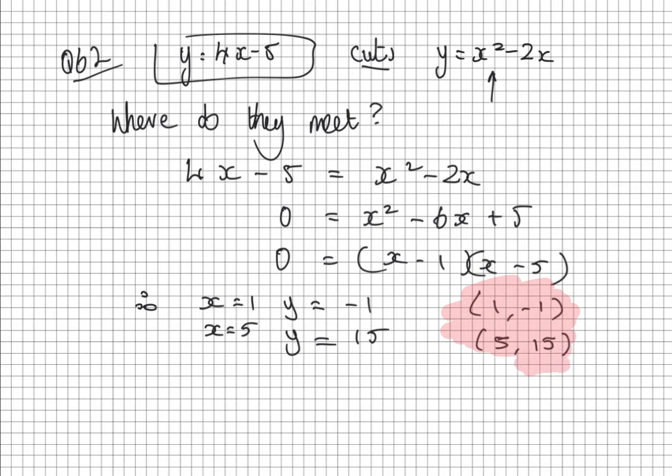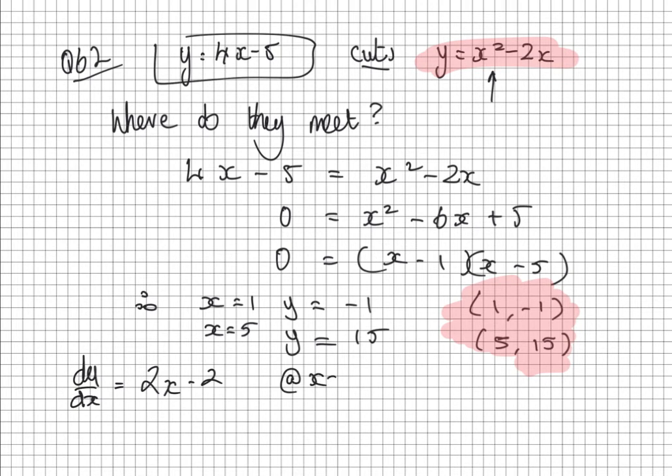We've been asked to find the gradient of y equals x squared minus 2x at these 2 points. In other words, differentiate it and find the gradient at x equals 1 and then find the gradient at x equals 5. So differentiating that, dy by dx, we have 2x minus 2.